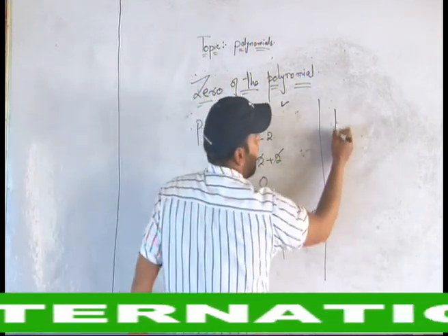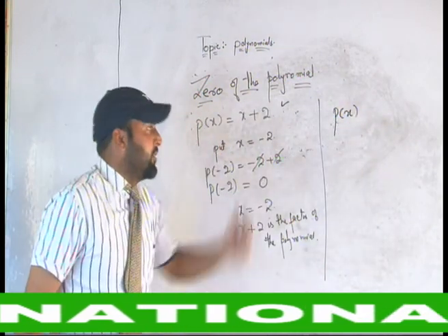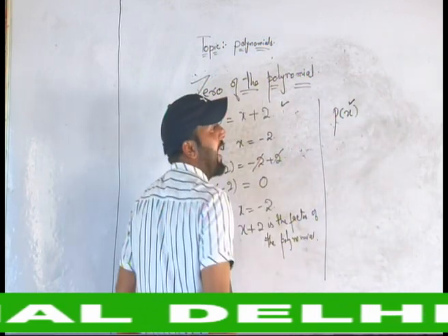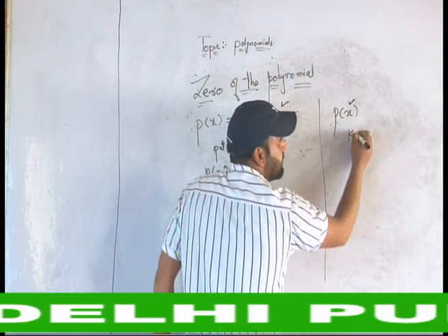Suppose we have the polynomial p of x, a polynomial in variable x. Suppose we substitute the value of x as the real value k.